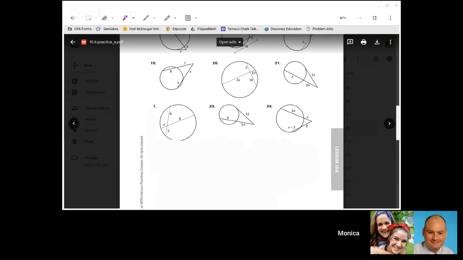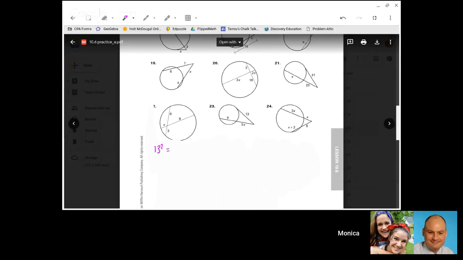Okay, so for 23, when there's a tangent, you're going to take the tangent squared and set that equal to the outside part of the secant times the whole secant, okay? So for 23, your tangent squared is 13.